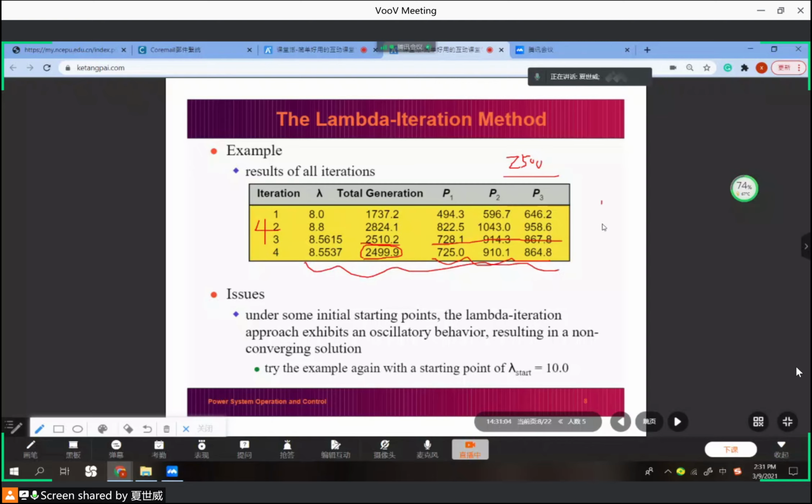But if you use a different initial point, for example 9 or 10, you will get very different iterative procedures. So there may be some issues. For some initial starting points, the lambda iteration approach exhibits an oscillatory behavior rather than a linear convergent solution. That means if you set the initial value of lambda as 10, you can't get a convergent solution. So there are some problems for this lambda iteration.